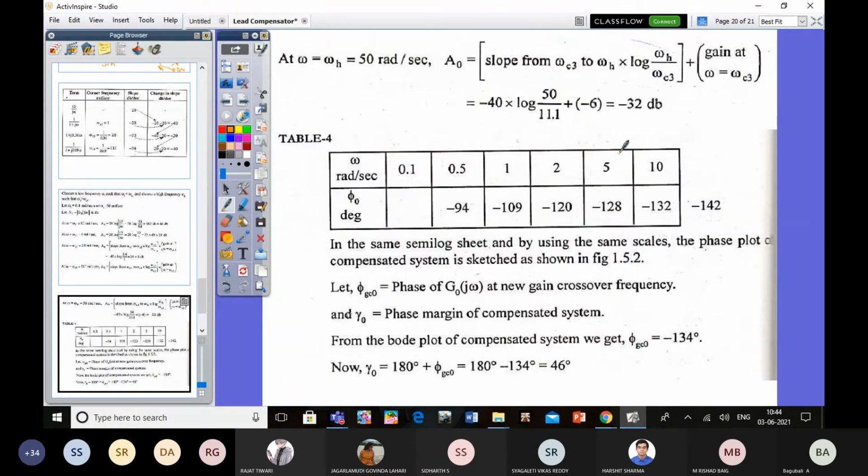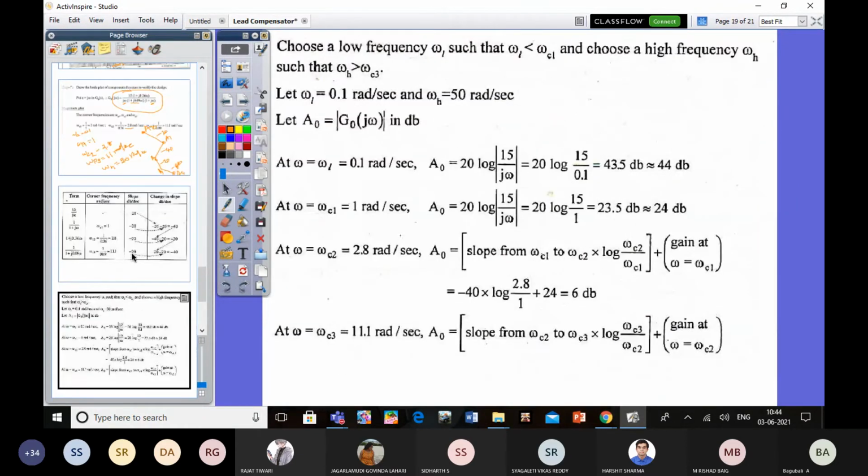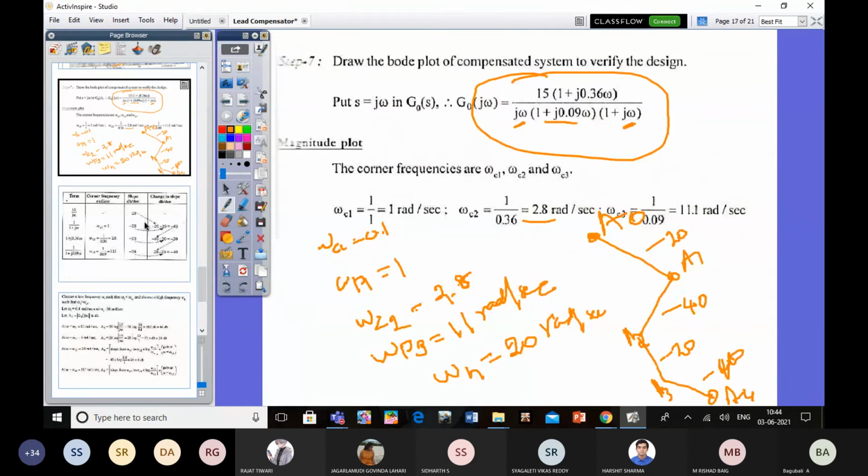Next, once you complete that Bode plot, this is the phase angle value. You can determine that phase angle value. How to determine the phase angle?